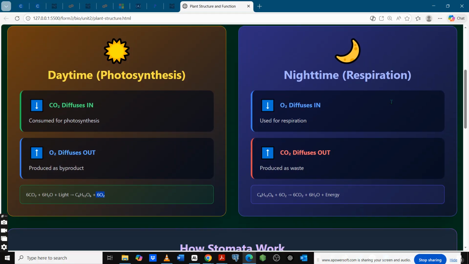But at night, that's when respiration takes place. Of course, respiration also takes place all the time, but the maximum respiration takes place during the night. So oxygen enters the leaf and is used for respiration, and carbon dioxide comes out as the main product of respiration.